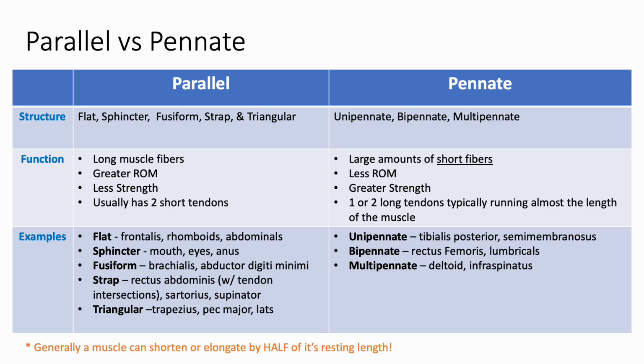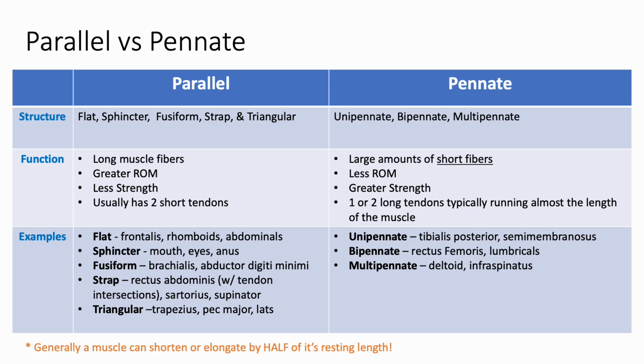These do have less strength and usually have two short tendons, whereas the pinnate, you're going to have a large amount of short fibers. Of course, that does cause less range of motion, but it gives you greater strength. And it runs almost the length of the muscle.